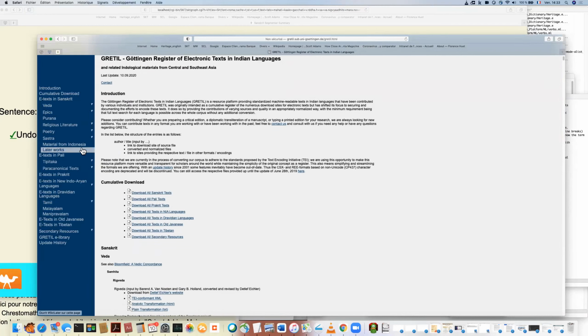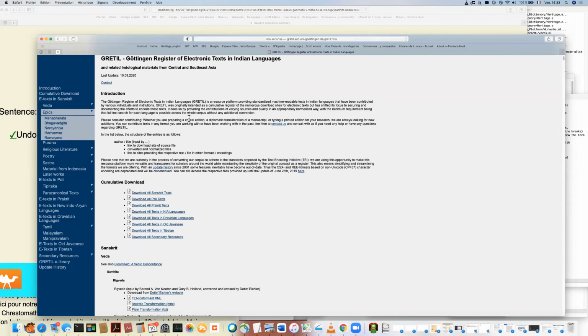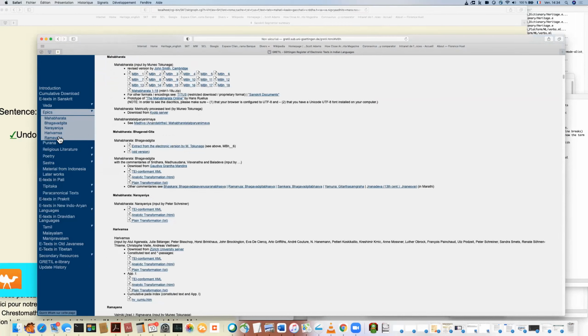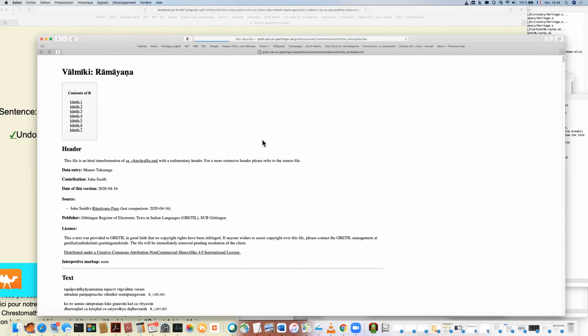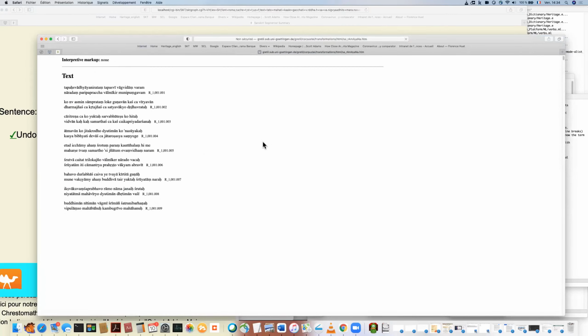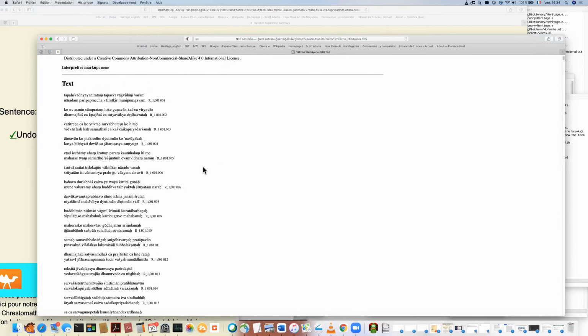We can go into epics, Mahabharata or Ramayana. Now you click on one of the texts, and here you have some sentences. This is some part of Ramayana.